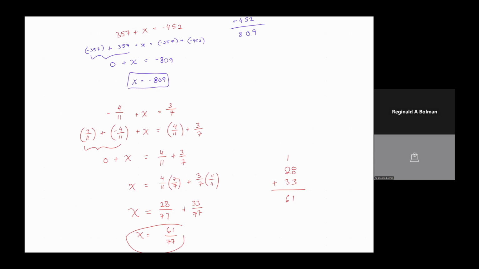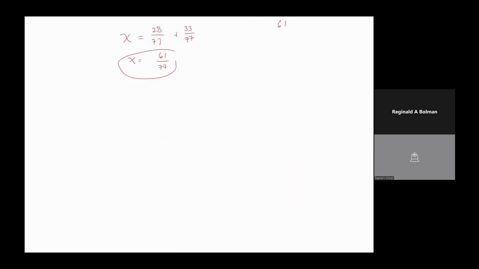But of course, the one-step LEOV problem-solving strategy also extends to decimals. So if you have something like negative 0.752 plus x is equal to 0.534, then just like before, where we can use the additive inverse on both sides in order to solve for our x, we can do the exact same thing here.